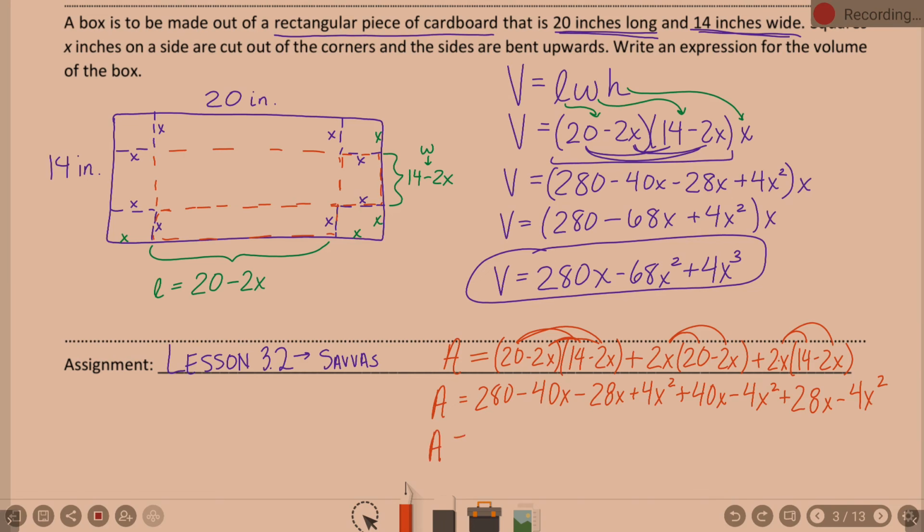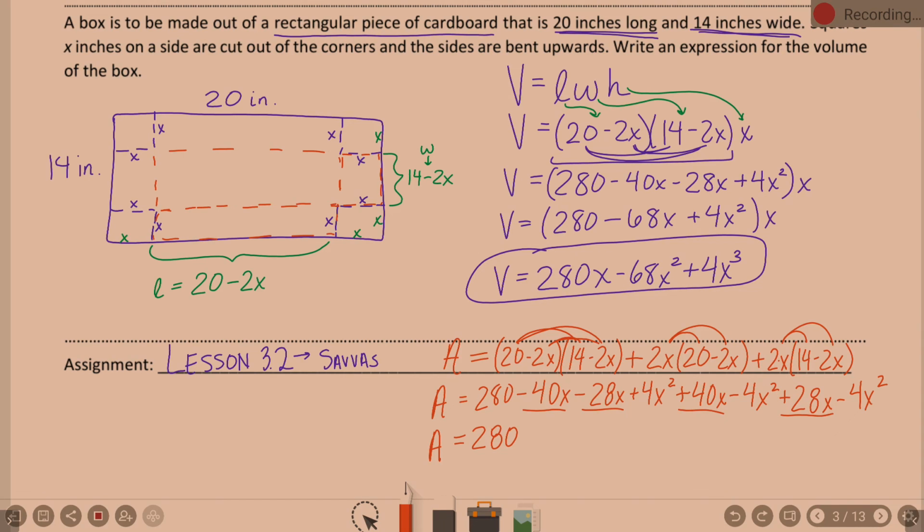Okay, like terms. I see a 280. Minus 40x minus 28x is, oh, well, I was going to say minus 68x, but actually, be logical: minus 40x plus 40x, minus 28x plus 28x.